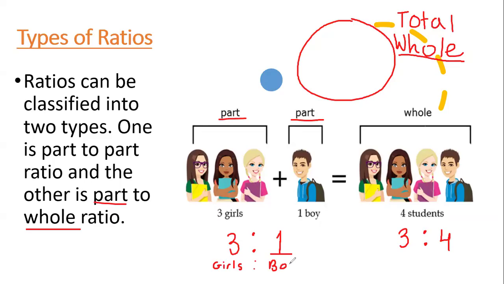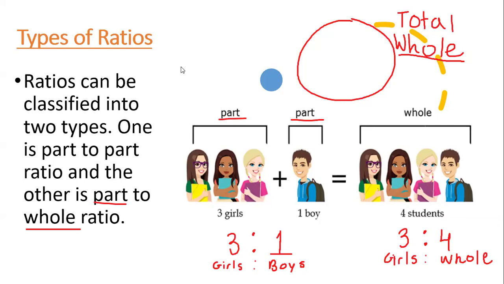And this ratio 3 to 4 is going to be girls to the total, or the whole. And the whole is 4 students. Good. So that's the 2 differences.